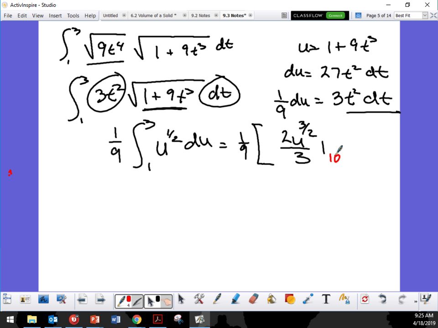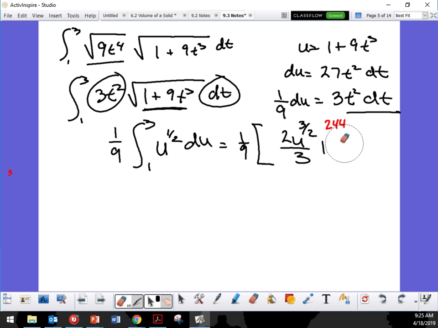And my upper bound, 3, would be 3 cubed is 27 times 9, which is 243, plus 1 is 244. Wow, that's even uglier. This is one big number.